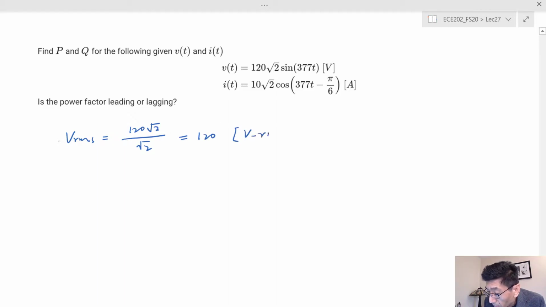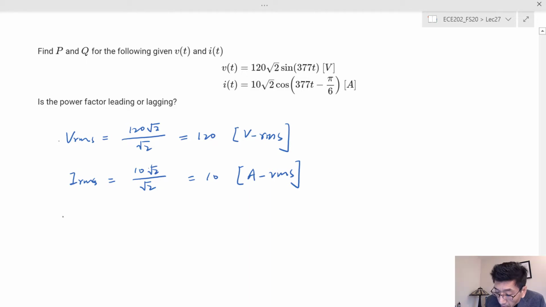And sometimes, to make sure this is an RMS value, we put RMS in the unit as well to avoid any confusion. And so the I RMS is equal to 10 times square root 2 divided by square root 2. That's equal to 10 amps.